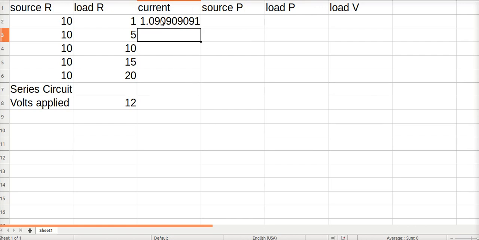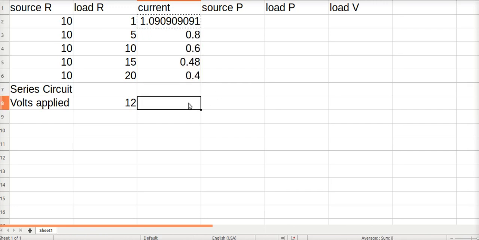And so now I have my current. So 12 divided by 11 is that. The nice thing about it is, if I got my formula right, I can copy that cell and paste this cell down, and now I have all my currents for all 5 problems.